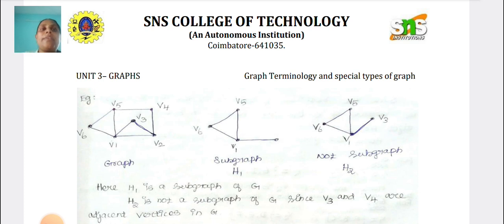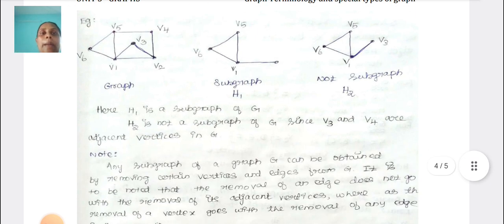In this graph we have to form the subgraphs H1 and H2. Here the first one is a subgraph, but the second one is not a subgraph. Here V4 is not connected to V1 and V4 as in the first graph, so it is not a subgraph of G.